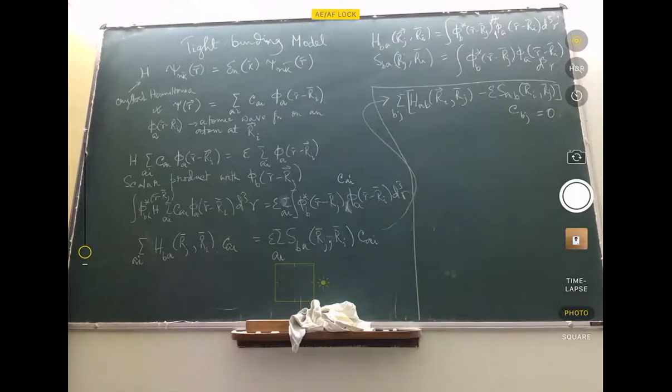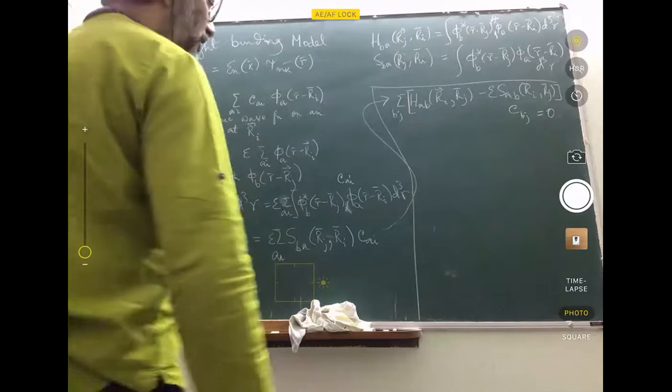So these are the equations that arise when I use these atomic orbitals as my basis functions to expand whatever I have here, whether the band states or the molecular orbitals in the molecule, whatever I have.